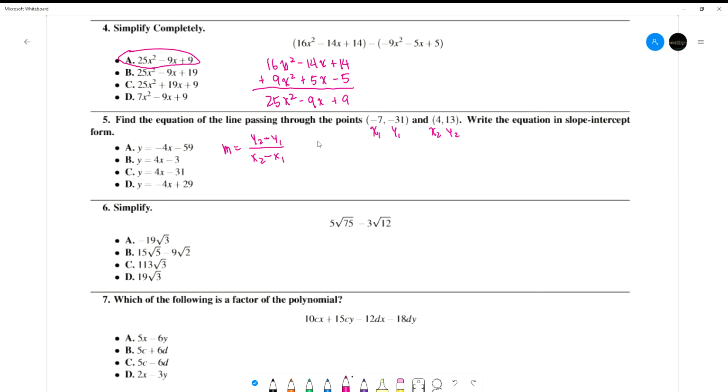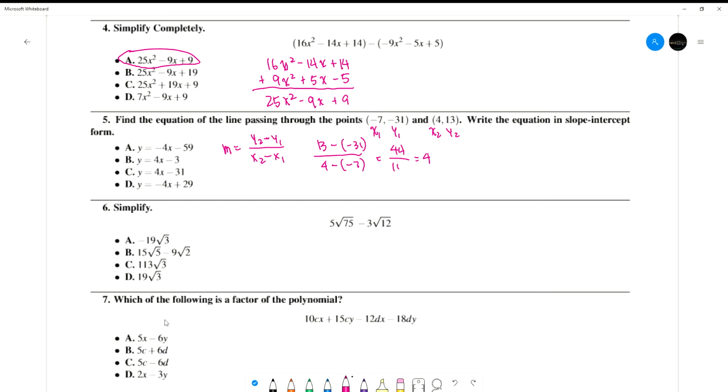So I can do 13 minus negative 31 over 4 minus negative 7. Okay, so we can calculate this. This is 13 plus 31, so that gives me 44 over 4 plus 7 is 11. 44 over 11 equals 4.